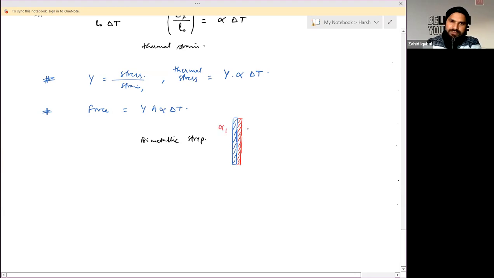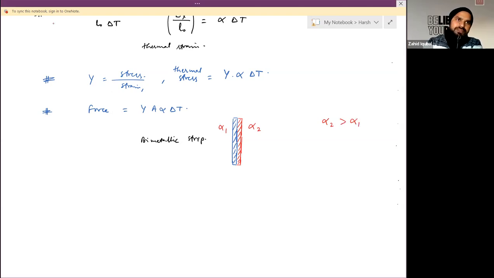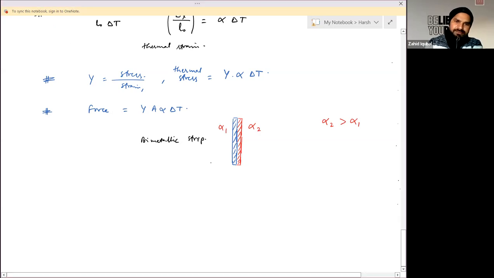Coefficient of linear expansion of this is alpha 1 and coefficient of linear expansion of this is alpha 2. Suppose alpha 2 is greater than alpha 1. So what will happen if you increase the temperature of the system or decrease the temperature of the system?